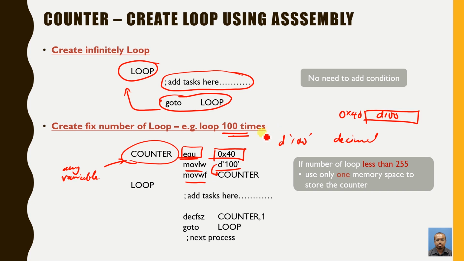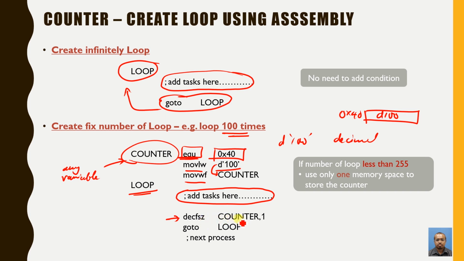Right, so the counter now has a number of 100, and then you put a label loop here, which will indicate to the program to come back here. And then after that, you add your task, your program code, whatever you want to do, and then here, decrement f skip if 0.